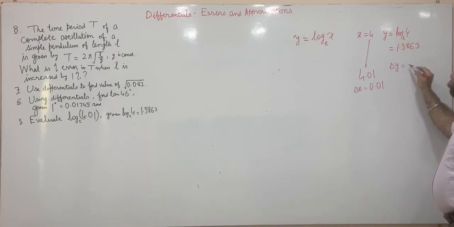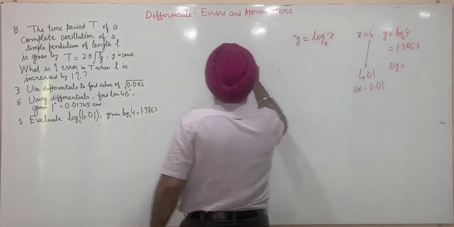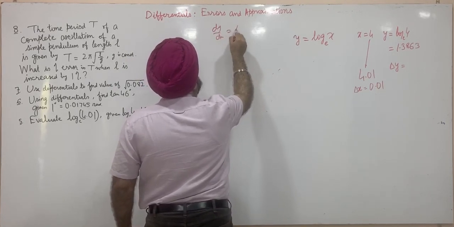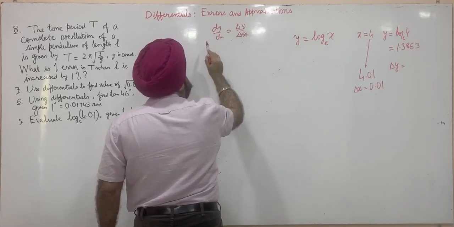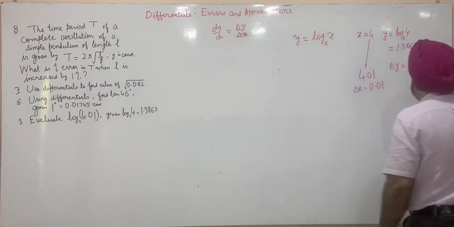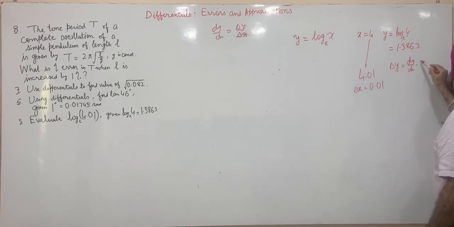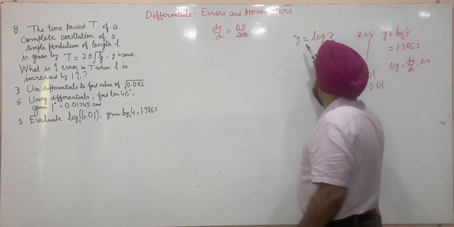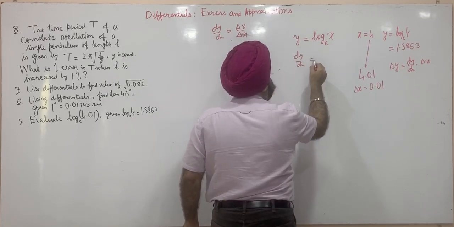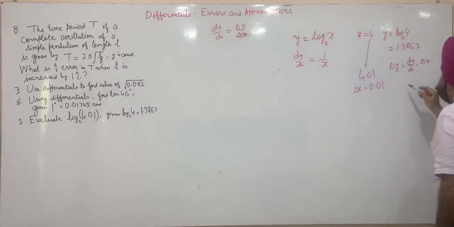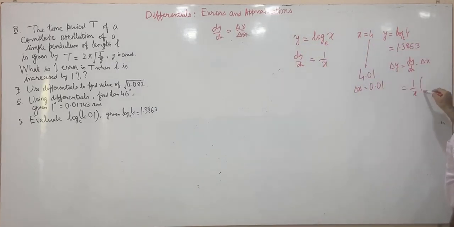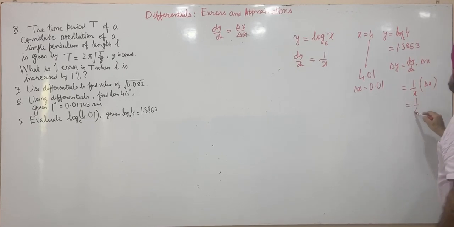Corresponding change in y is given by, since we are using dy by dx equal to delta y by delta x, delta y is dy by dx into delta x. y is log of x, so dy by dx is 1 by x. We substitute values here. This is 1 by x into delta x, which is 1 by 4 into delta x, which is 0.01.